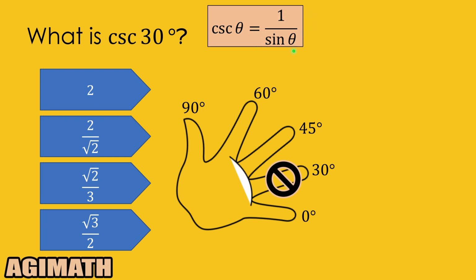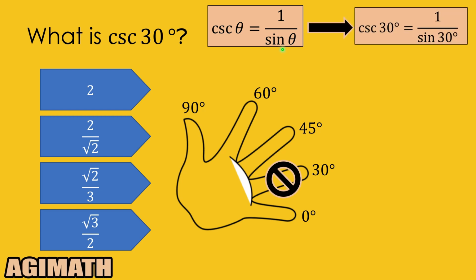So cosecant 30 is equal to 1 over sine 30. Understand the relationship this way: in order to find the value of cosecant 30, we need to find the value of sine 30 and then find its reciprocal.